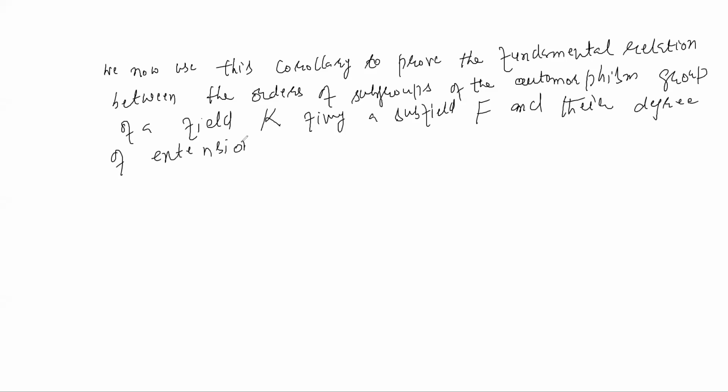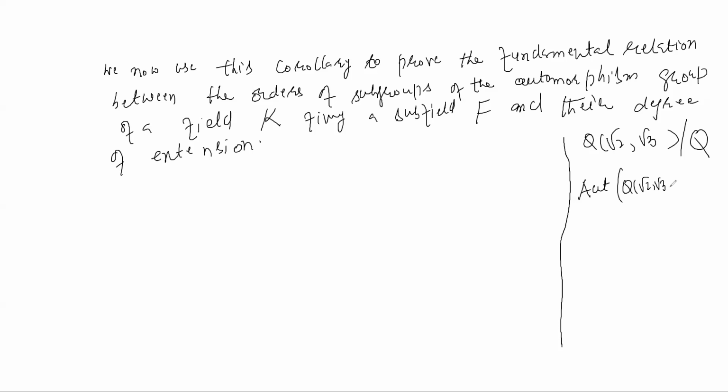We have actually seen this with the help of an example in our last lecture. We chose Q(root 2, root 3) as an extension of Q. We considered the group of this over Q. We have seen that this group has order 4, and the degree of extension of Q(root 2, root 3) over Q is also 4.